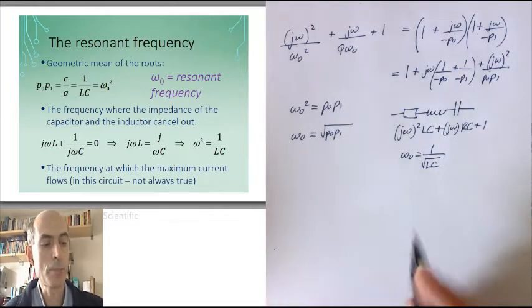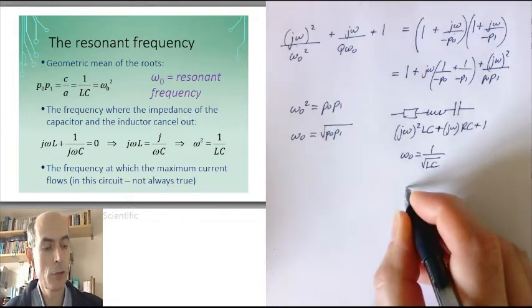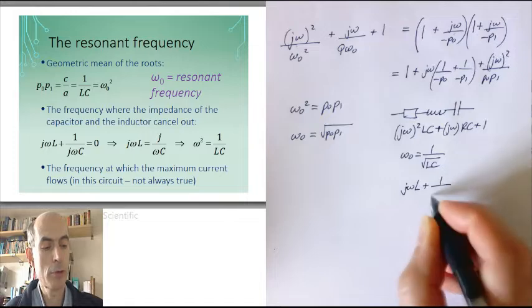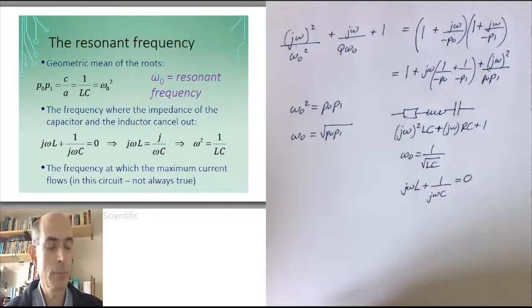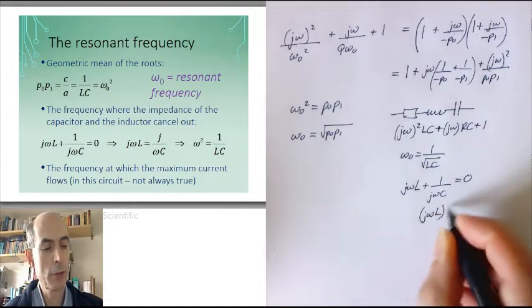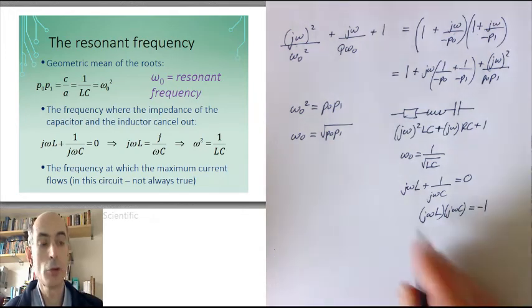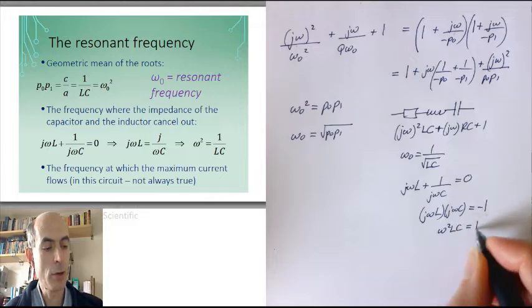And the frequency where the impedance of the capacitor and the inductor cancel out is where j omega L plus 1 over j omega C is going to be equal to 0. And that occurs when j omega L times j omega C is minus 1, or in other words, when omega squared LC is 1.